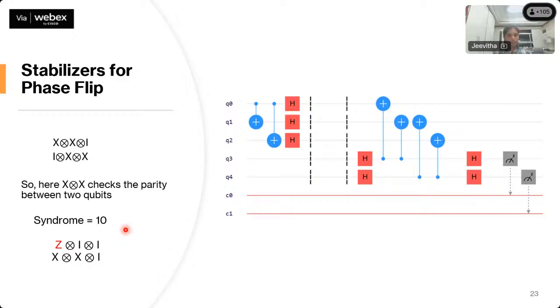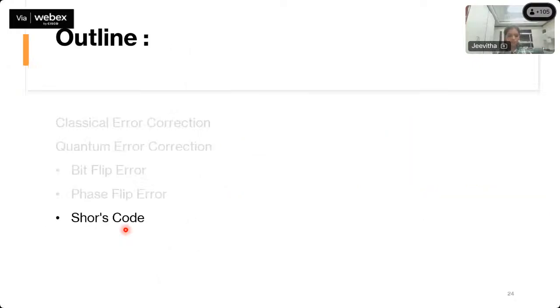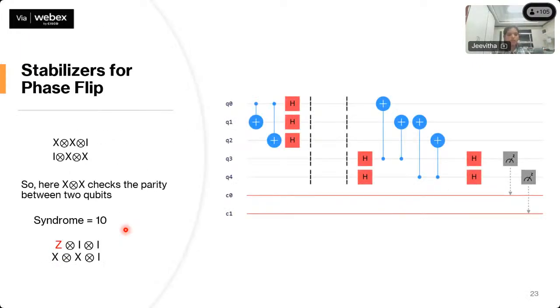But as I told you, when a state belongs to the vector space, it has to commute with all the stabilizers, not just one. There might be a few exceptions like we saw here. So when we multiply with the second stabilizer, they both anti-commute.